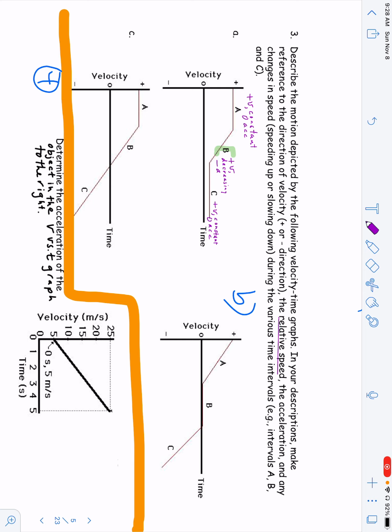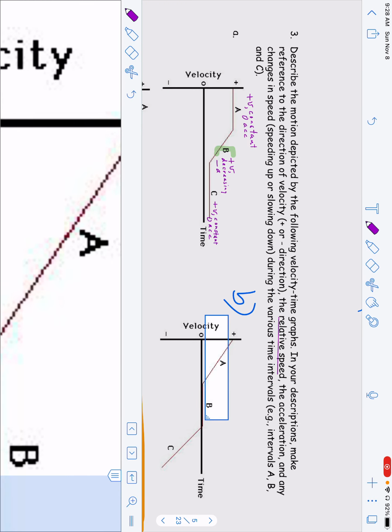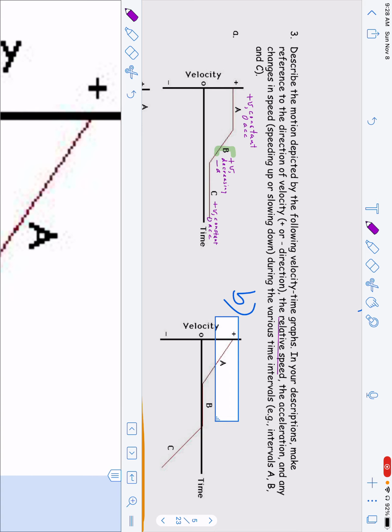Okay, let's look at letter B. Section A, looking at the big picture up there. We got positive velocity because it's still above the x-axis. We got negative acceleration because the slope is negative. Slope of a v versus t graph is acceleration.